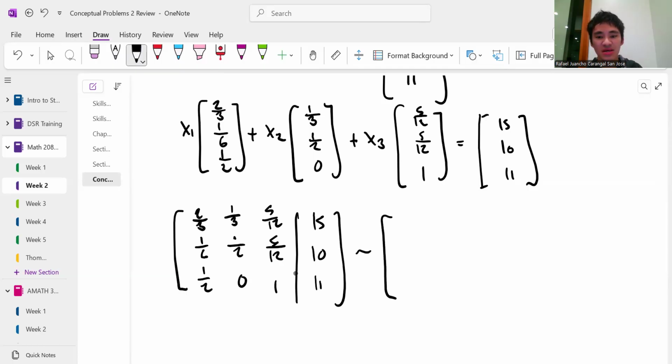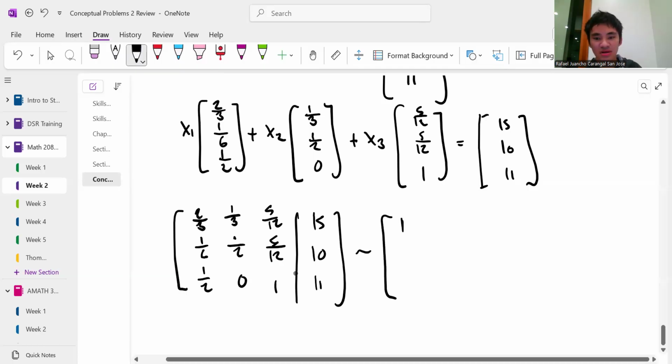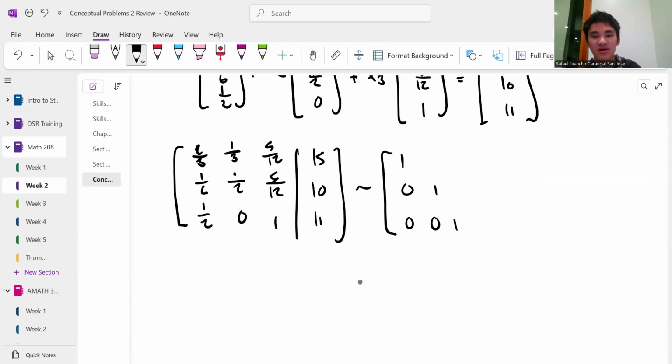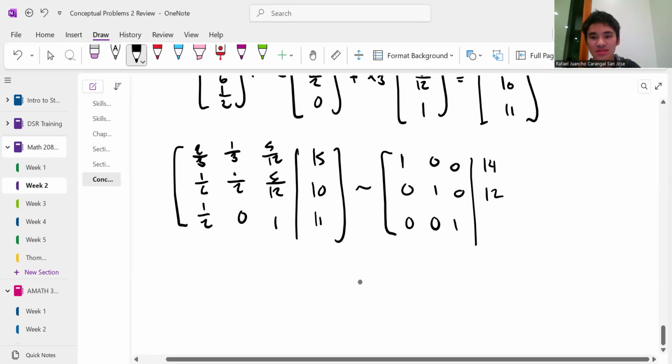I'm not going to go through the steps anymore, but we got it in reduced row echelon form. So this is 14, this is 12, this is 4.